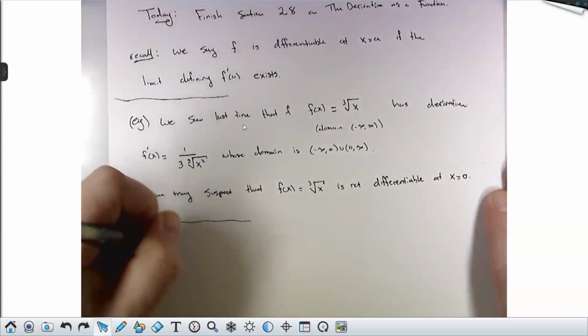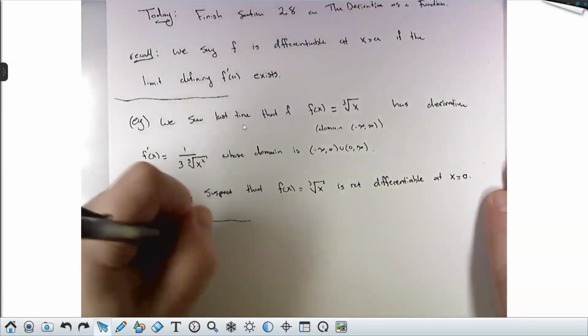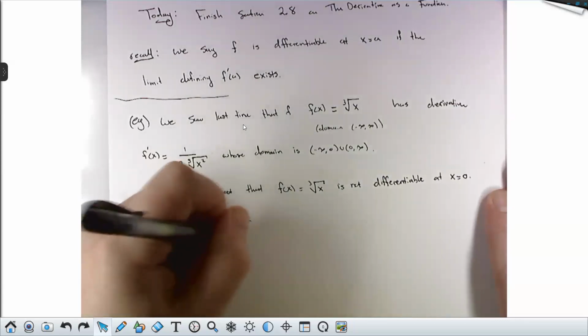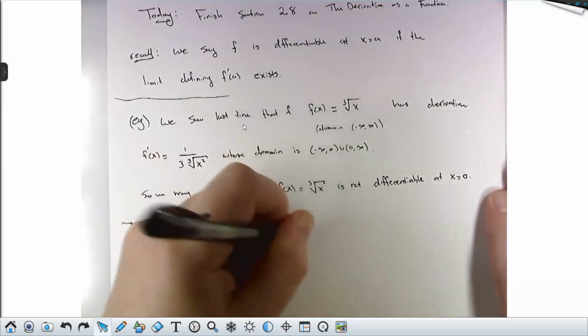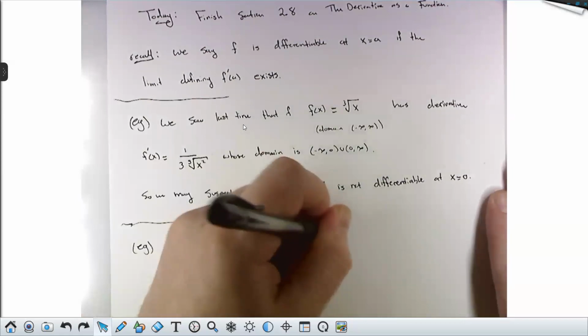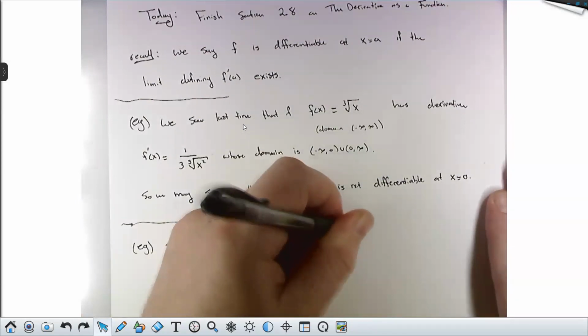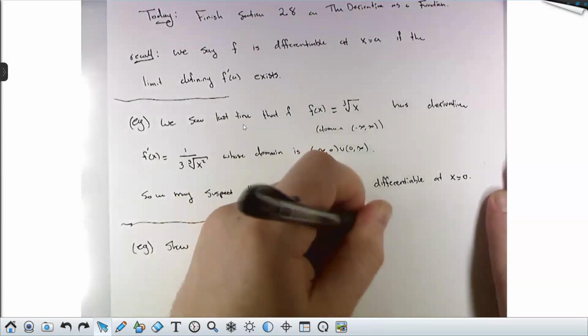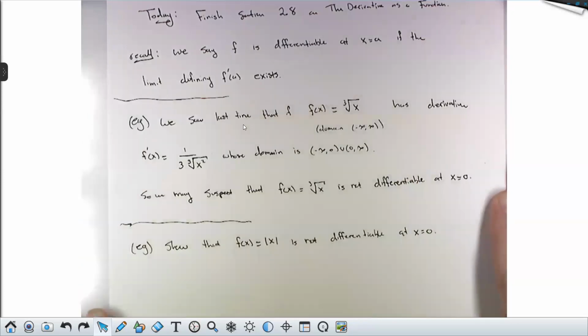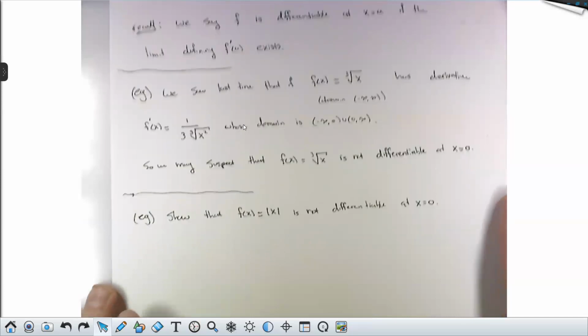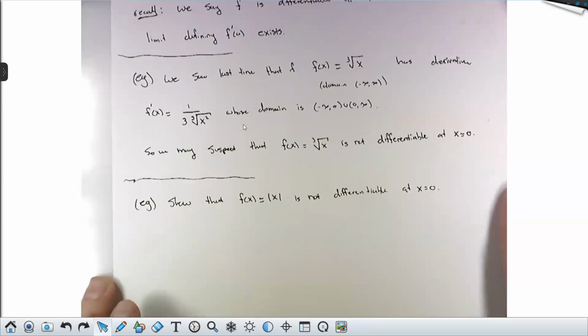I'm just going to state this. Show that f of x equals absolute value of x is not differentiable at x equals 0. So again, here I have a function that is nice and continuous. Something else we talked about, right?